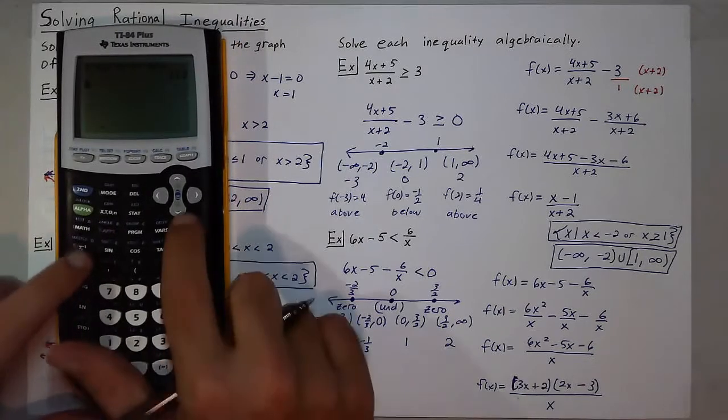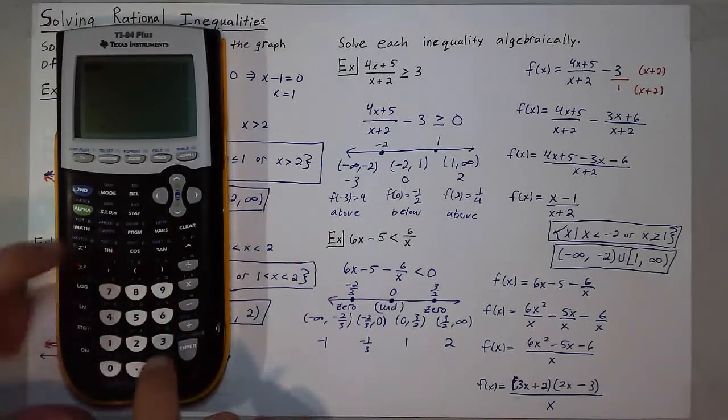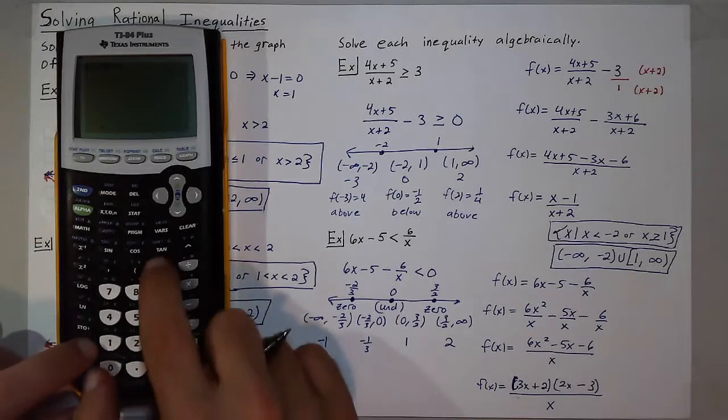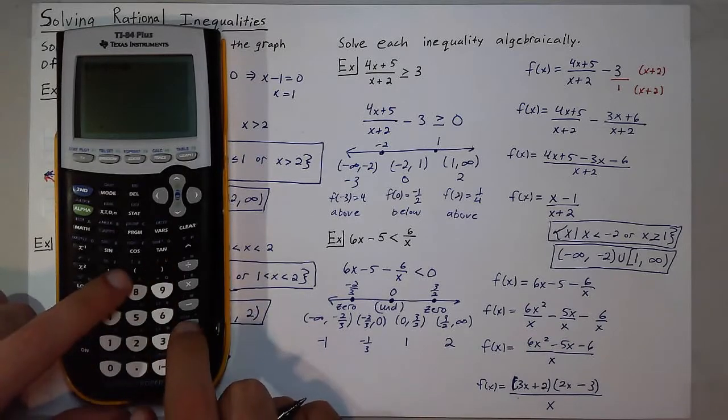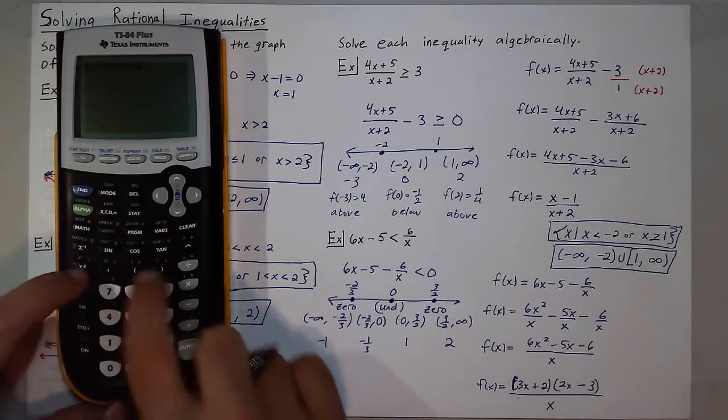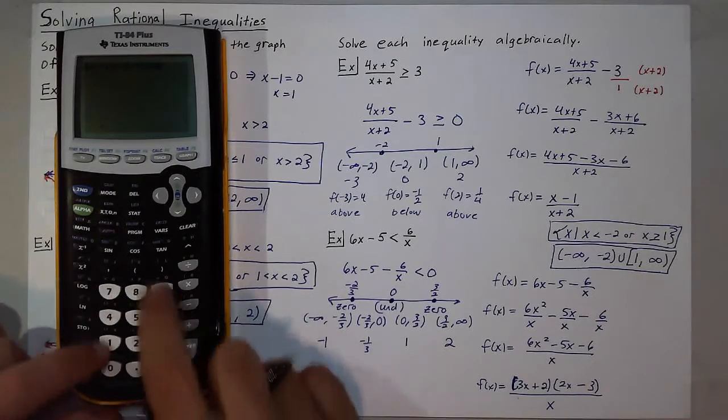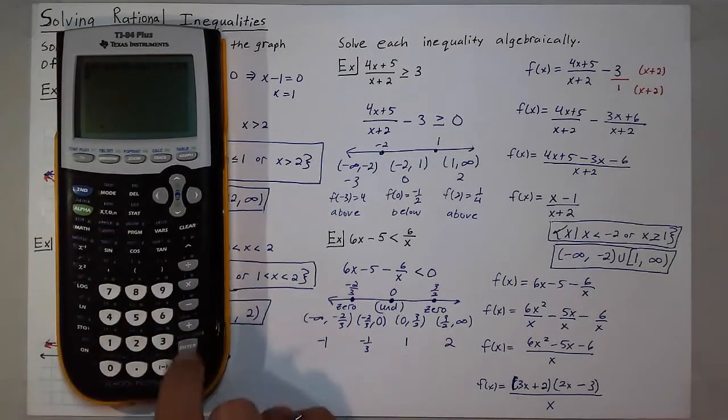I'm going to use a calculator. So 6 times negative 1 minus 5 minus 6 divided by negative 1 gives me negative 5.